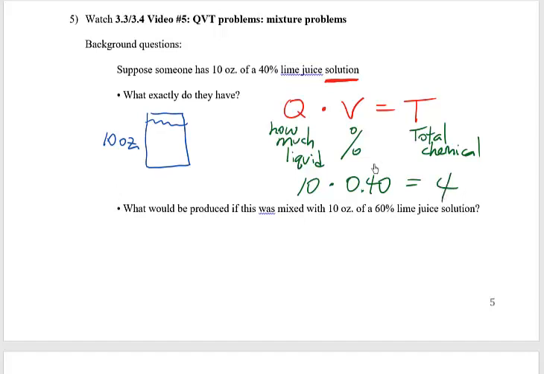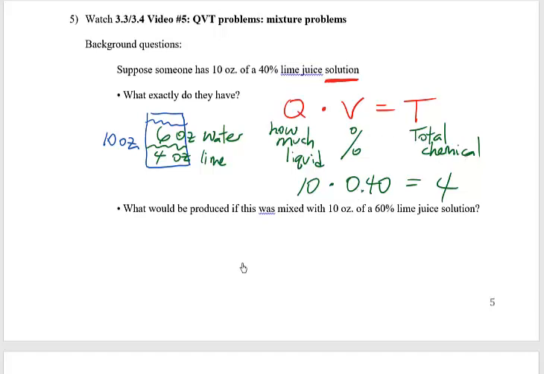In other words, in this 10 ounce liquid that I have, 4 of the ounces are lime juice, leaving of course the other 6 ounces to be water. Now really it's all mixed in there together, but that's where it came from. The point is, if you take the liquid and multiply by the percent, you get the total amount of chemical.